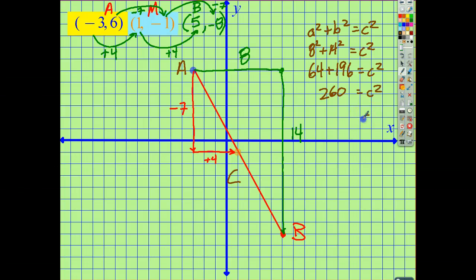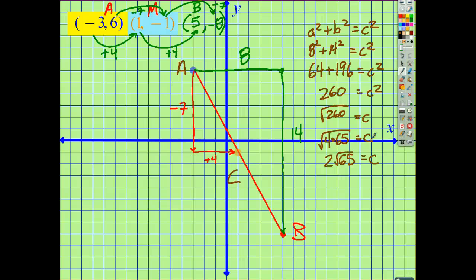Take the square root, so we know that C is equal to the square root of 260. 260 is going to be 4 times 65. So that's going to be 2 radical 65 is equal to C. 65 factors to 5 times 13, so there's no more perfect squares in there.